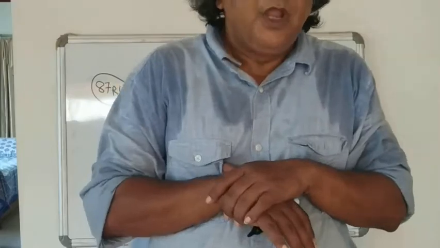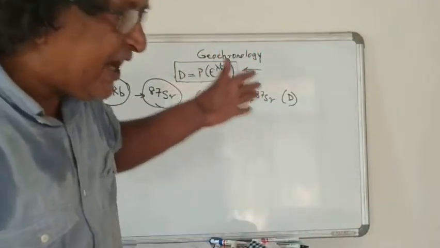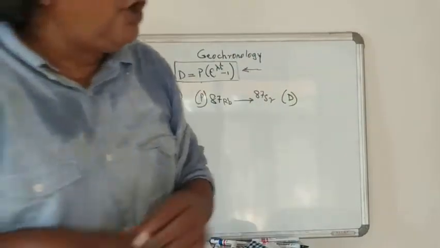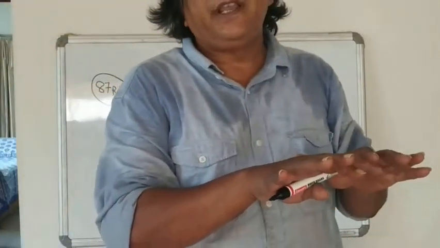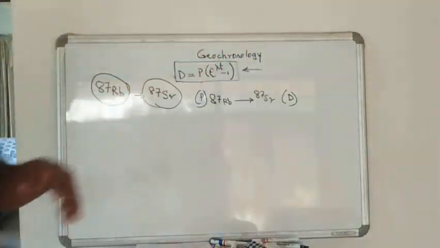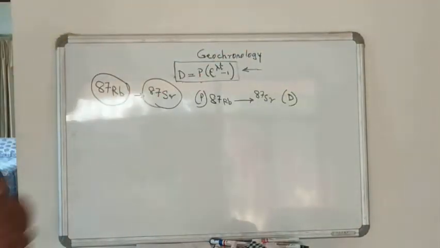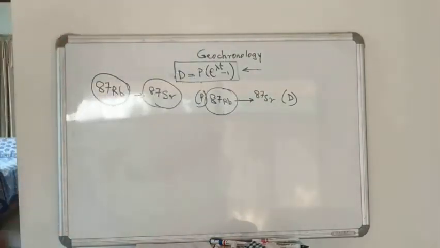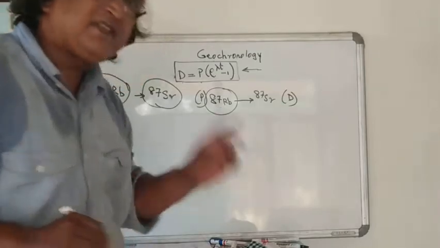Radiogenic elements change their abundance with time. Non-radiogenic elements do not change their abundance. So when the Earth was formed, it accreted some amount of 87 rubidium, which is immediately unstable.